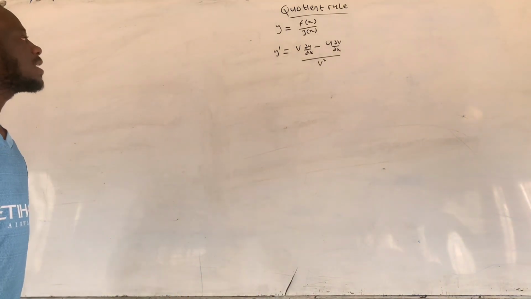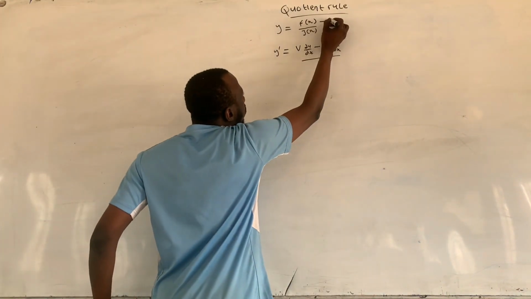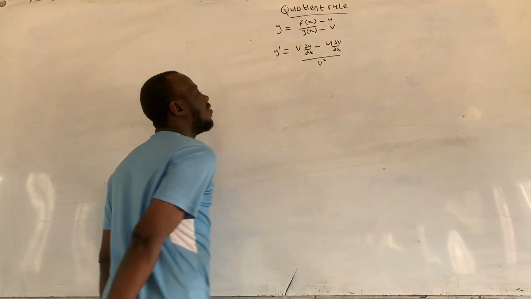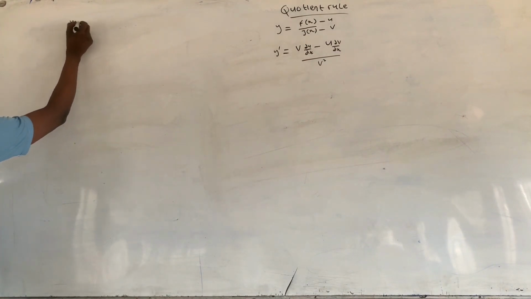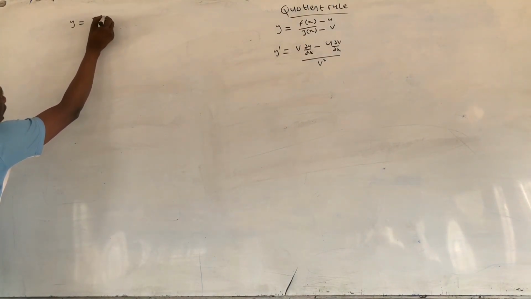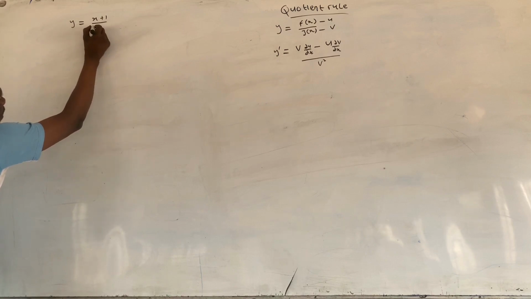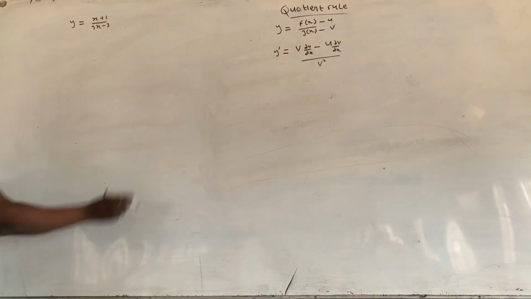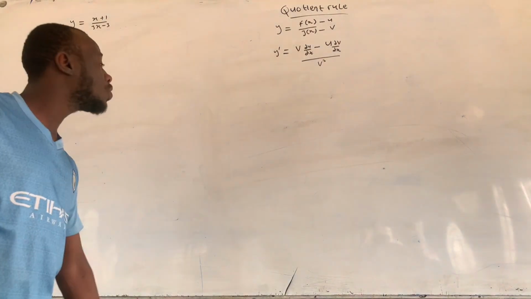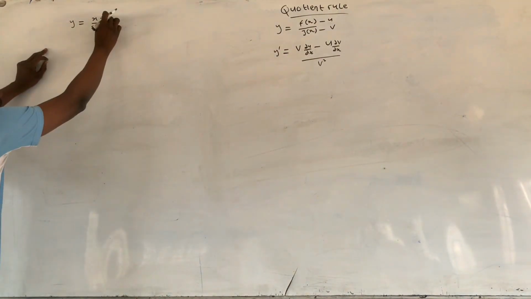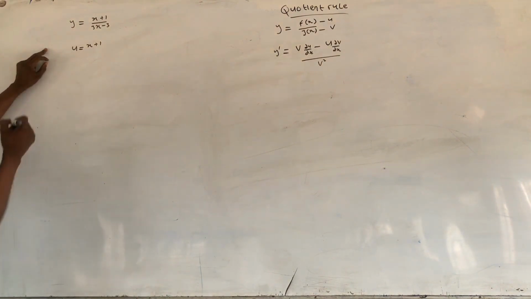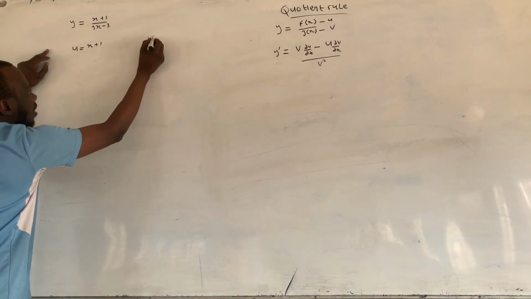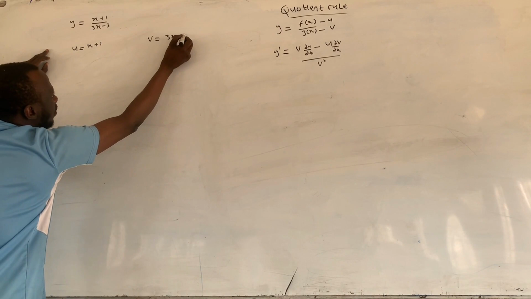Still remember that the first one is our u, and the denominator is our v. So now, for example, we have y equals x plus 1 all over 3x minus 3. So, remember, u equals x plus 1 and our v equals 3x minus 3.